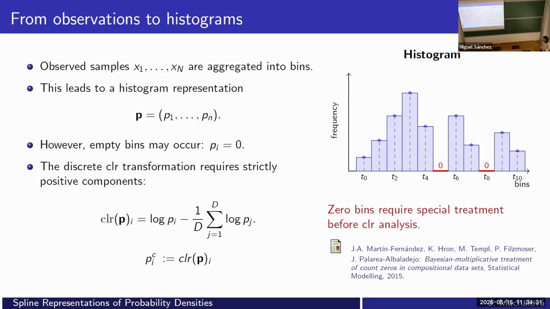Because we can move from this data, I mean, the middle point of the bins and corresponding frequencies, we move to this data from Bayes space to L2 zero space. But for discrete CLR transformation, which is defined by this expression, we need, again, positive frequencies. So the question is how to deal with 0 frequencies. And there is an idea which is described in this paper that we can put instead of 0 some small positive values, but it makes some trouble in any way.